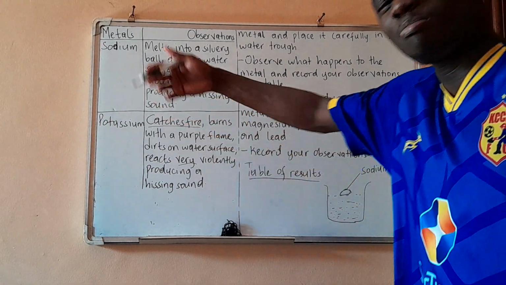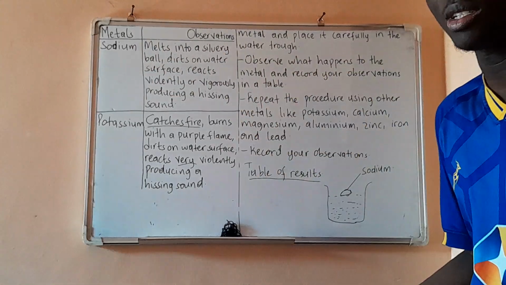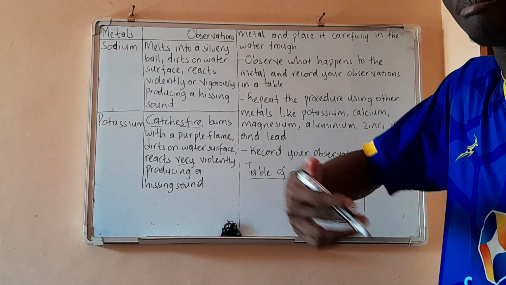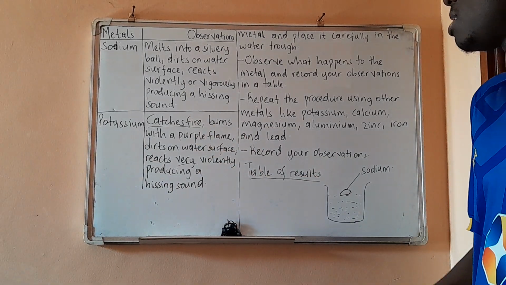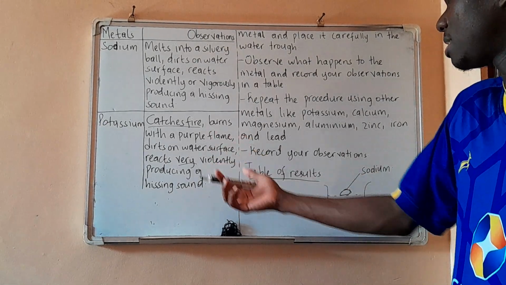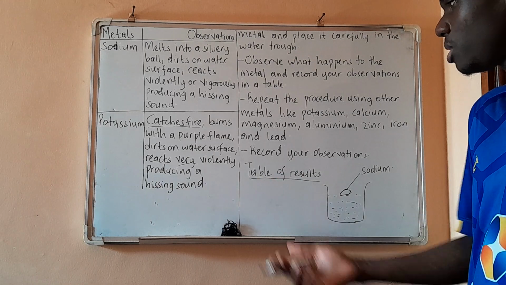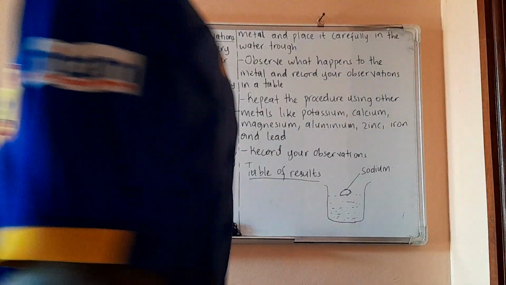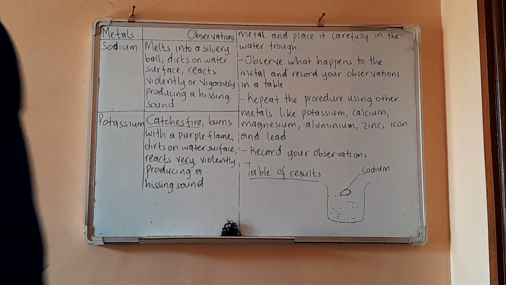If you consider a large piece of sodium, the reaction mixture will explode. It will behave like a bomb, something of that sort. The same applies to potassium. If you consider a small piece, it will catch fire, burn with a purple flame on the water surface, then produce a hissing sound. Consider a large piece, and you will be making a bomb.